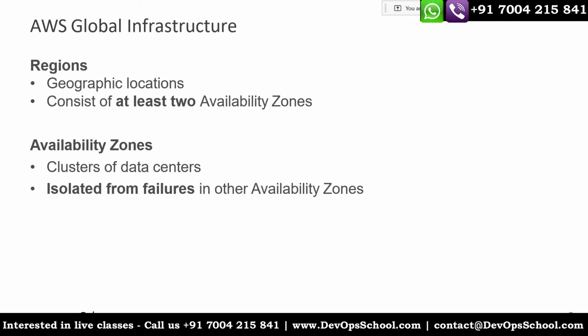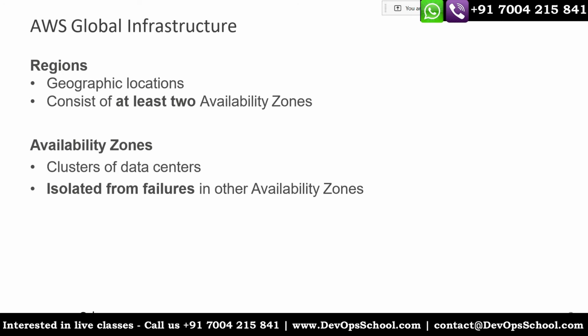In that case, don't you think you will set up data centers in different countries, different continents? Correct? So yes, AWS has done the same thing. AWS has set up data centers in different areas of the world, and that we call regions. So regions are nothing but data center geographic locations. That's at the high level.